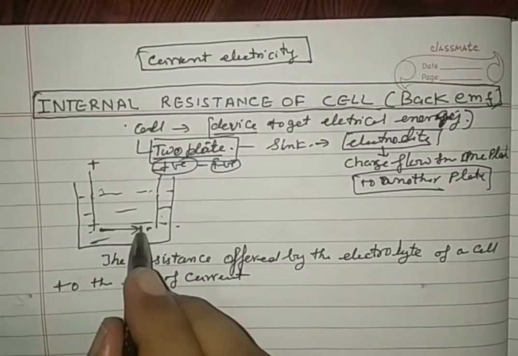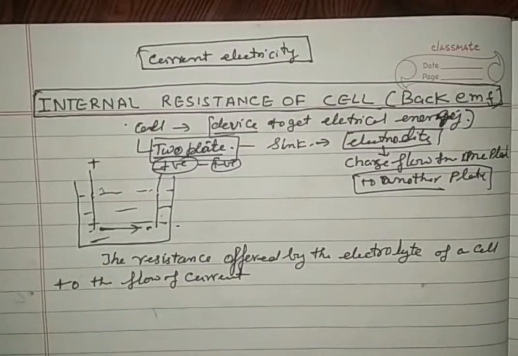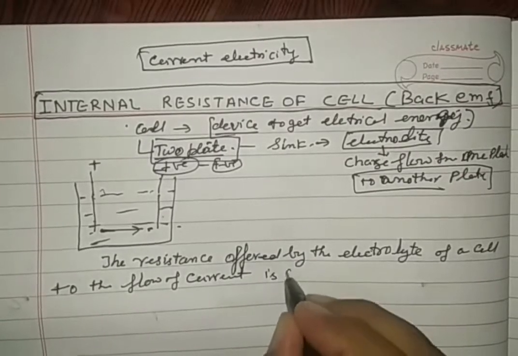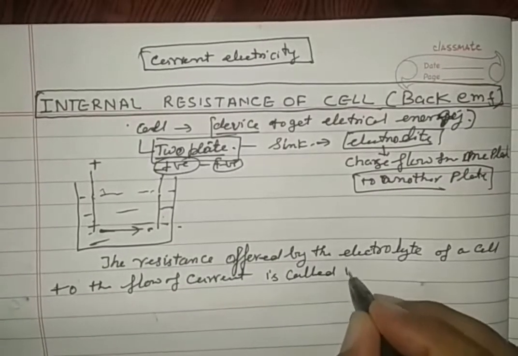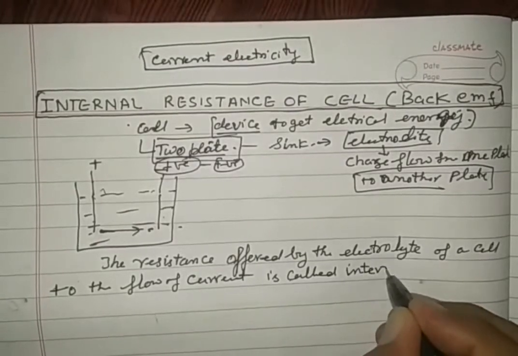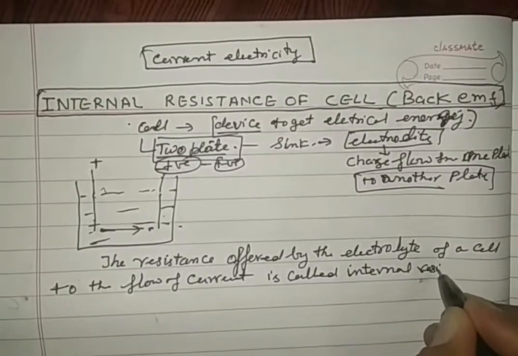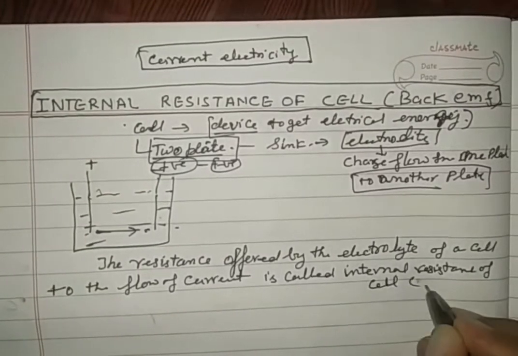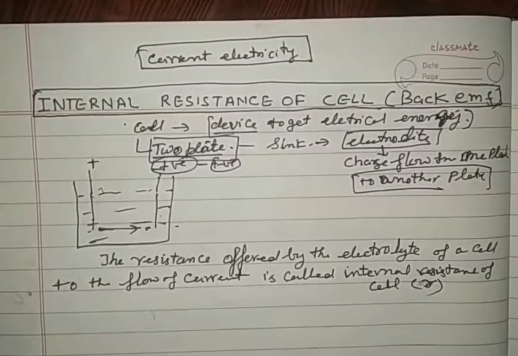So this resistance offered by the electrolyte to the flow of charge or flow of current is called internal resistance of a cell. It is denoted by small r.